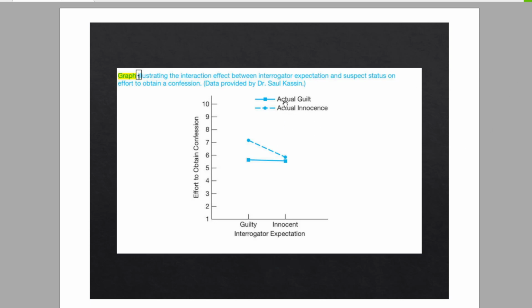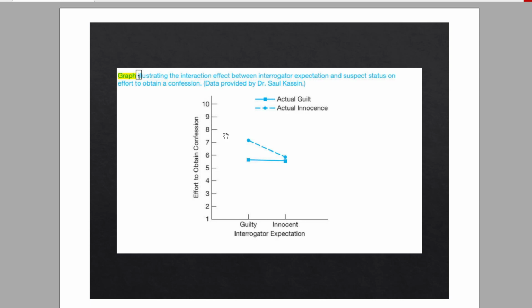When they're actually guilty, the effort to obtain a confession doesn't change, whether the interrogator expectation is guilty or innocent. But when the person's innocent, you can see quite a bit of difference between a guilty expectation versus an innocent expectation.